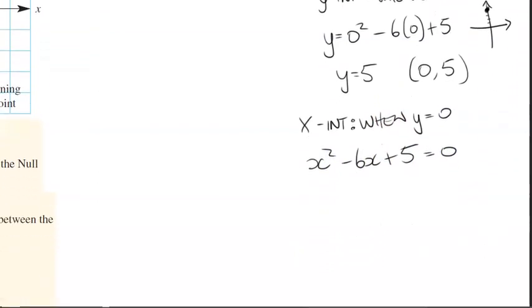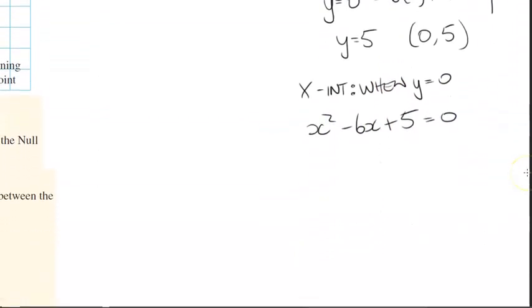Now, we've got an array of options that we can use to try to determine what the corresponding x values could be in order to get this to equal 0. I'm going to factorize this. I'm going to find two numbers that when multiplied together will give me positive 5, and when added together will give me negative 6.